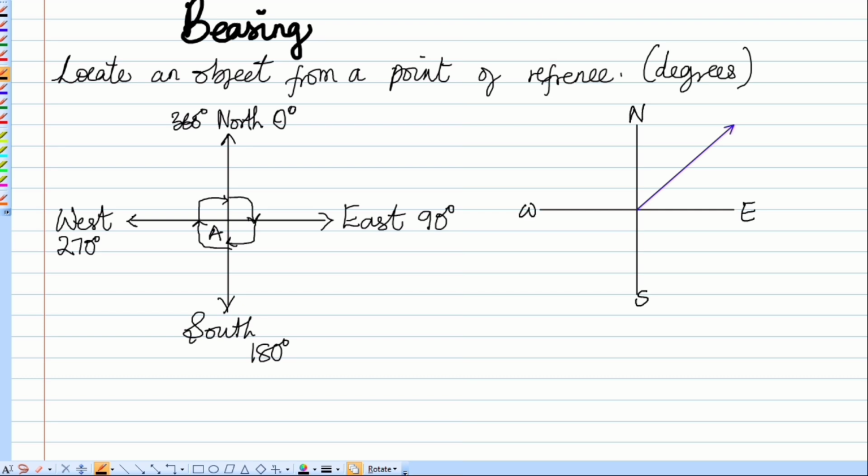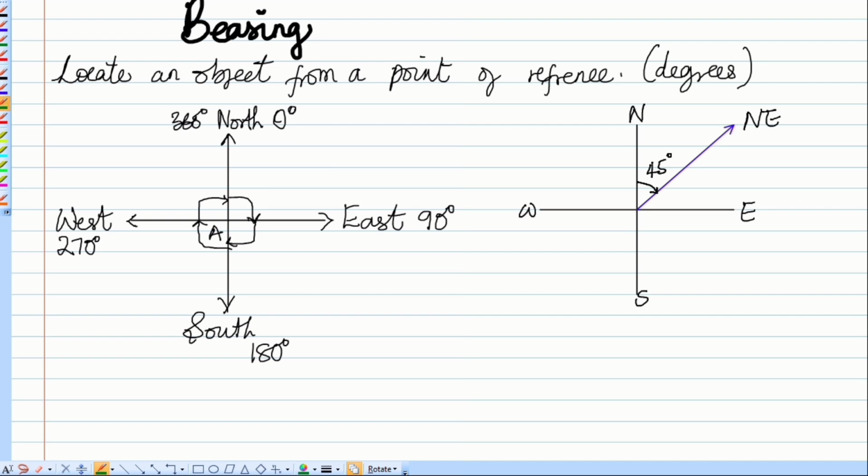If you go exactly in between the north and the east, the angle would be half of 90 degrees. That's true for all the cardinal points. If you go exactly halfway between any two major cardinal points, the angle turned is 45 degrees, since the total angle is 90. Half of 90 is 45 degrees.